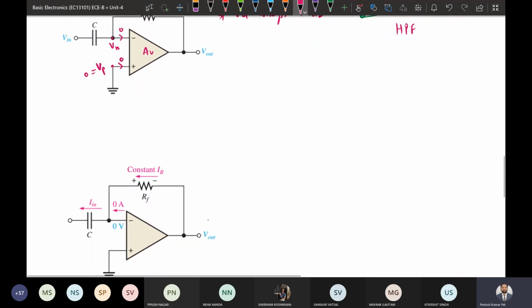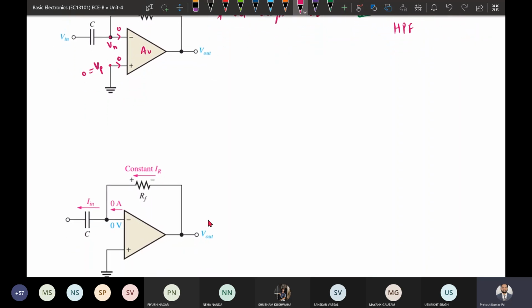If we consider the current flowing through it, similarly there will be a current flowing through this resistor, and an input current flowing through it. So all the currents here are zero current. Again by using KCL, we can represent I input is equal to IR.